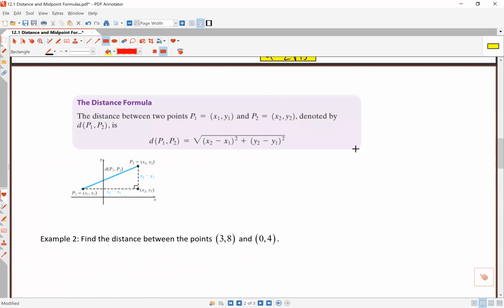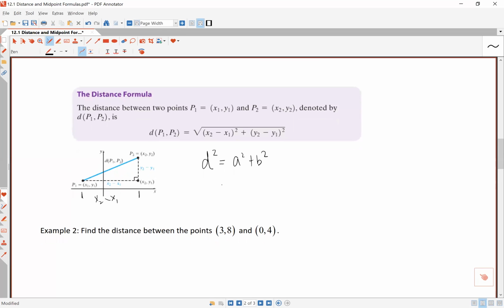And so what we were doing was we were saying that the distance between 2 points squared was A squared plus B squared. The A was this leg, which we took the larger x minus the smaller x, x2 minus x1.